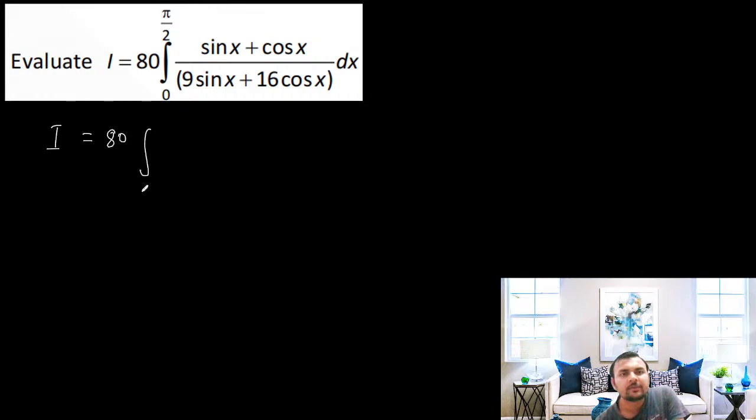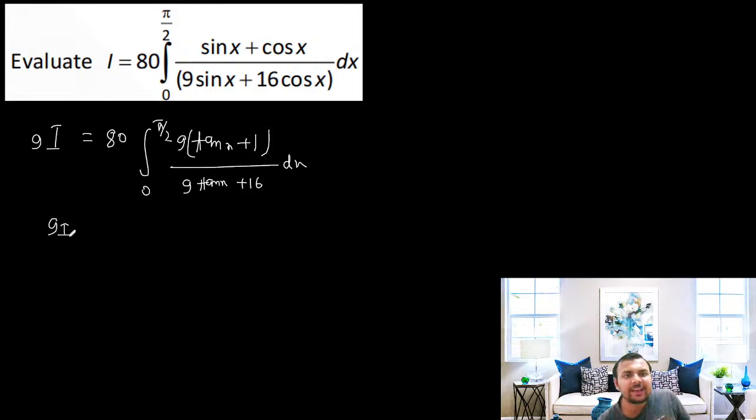I equals 80 times the integral from 0 to pi by 2 of (10 sin x plus 1) upon (9 sin x plus 16 cos x) dx. Multiply 9 on both sides.